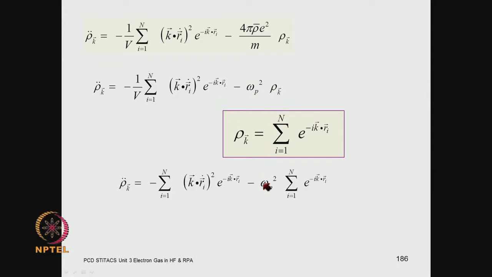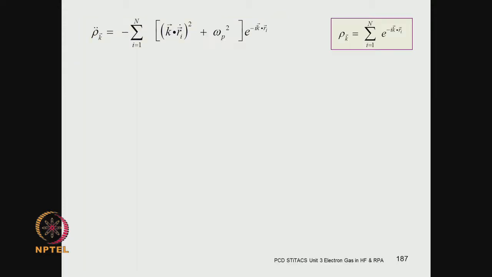When you do that, you have e to the minus i k dot ri explicitly in both the terms, and you can factor it out as a common term, and now inside this rectangular bracket you have got two terms. So, if you want to ignore the first term compared to the other, now we know exactly what the condition will be. Okay? So, you want the first term to be ignored in relation to the second. The first term over here is of the order of the magnitude of the wave vector k times the velocity.